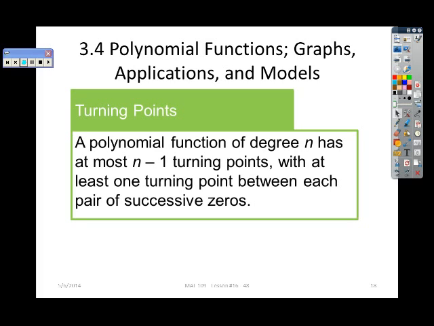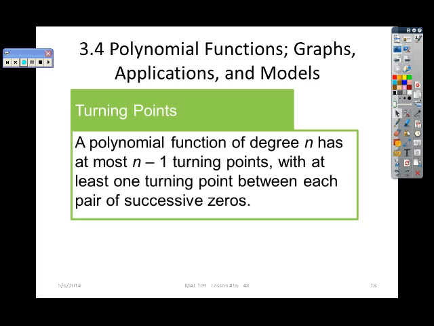If you have a cubic polynomial, you can't have 3 turning points or 4 or 5. The most you can have is 2. You may only have 1. So a polynomial of degree n has at most n minus 1. Doesn't mean it has all of those. It may have fewer.